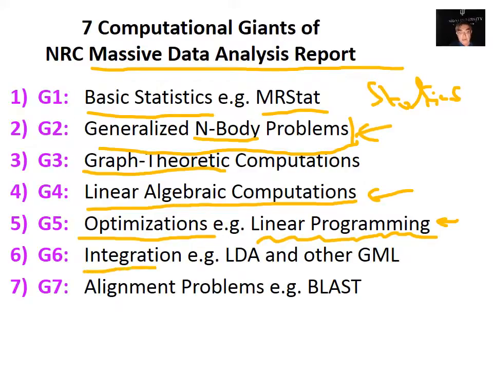There's here what they call integration, which is what I call global machine learning with algorithms like latent Dirichlet allocation. And then the final thing, which I didn't really properly study in my analysis, are alignment problems. And these are comparison problems, which are a little like web search, where you take BLAST, you take one sequence and you try to compare it with all other sequences using the overlap between sequences calculated, in this case, by the BLAST program.